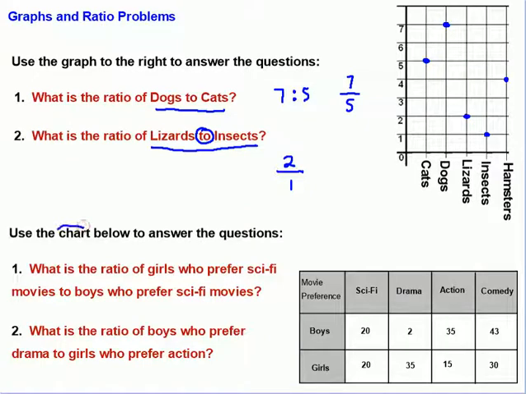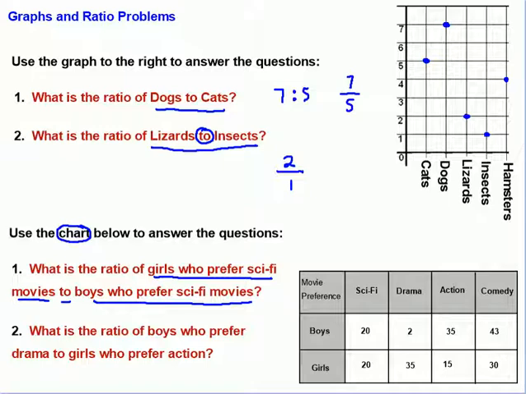Now let's take a look at a chart. How can a chart help us see our different ratios? What is the ratio of girls who prefer sci-fi movies to boys who prefer sci-fi movies? Here we'll go to the movie preference, sci-fi.